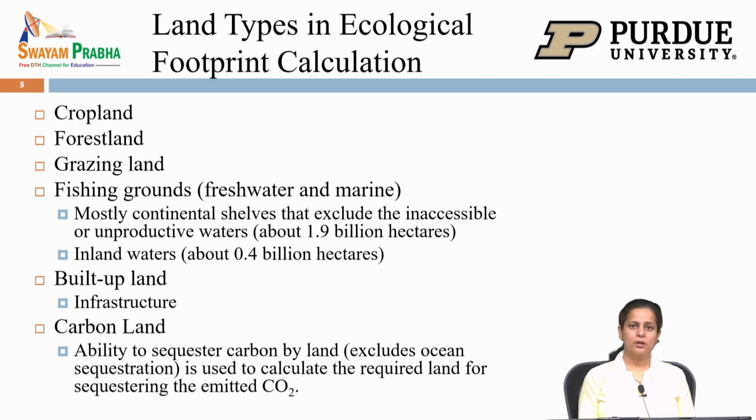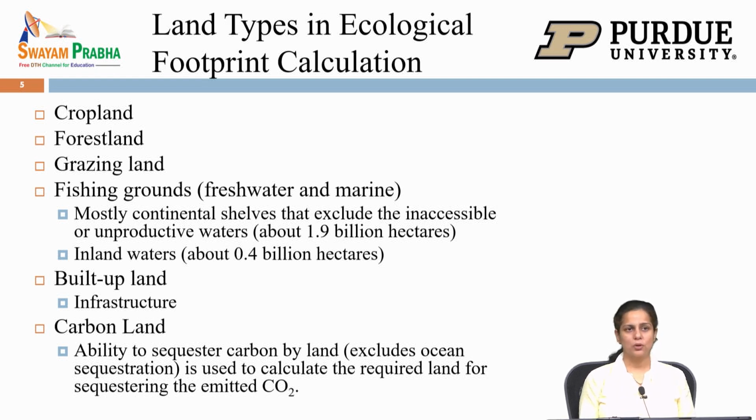There is also something defined to assimilate the waste, where we have defined an imaginary land called carbon land. We call it carbon land because each of the land areas that is available, excluding the ocean sequestration, is included. A lot of CO2 gets absorbed by the ecosystem, which is a service provided by the ecosystems.